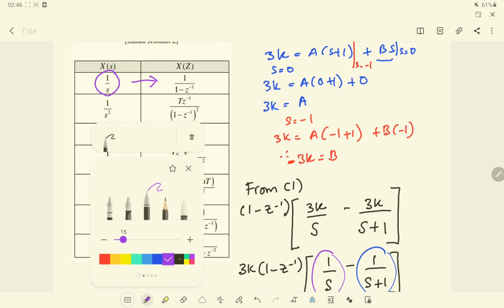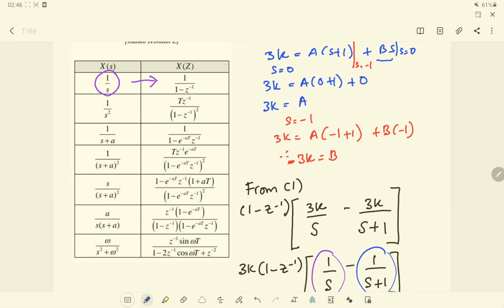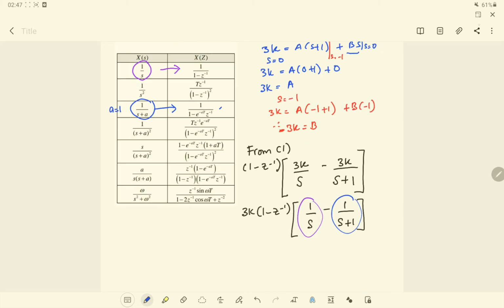Then for the blue, 1 over s plus 1, this has the form where a equals 1, so we convert to this form. We already referred to the Z transform tables, so we know how to convert each function to Z transforms. So we substitute in the equations.